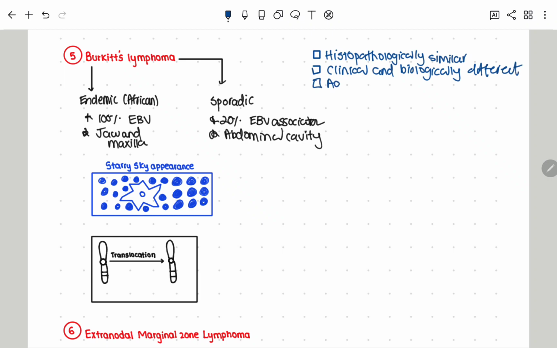They have an aggressive onset and progression, and they normally consist of cells that are derived from the germinal center.